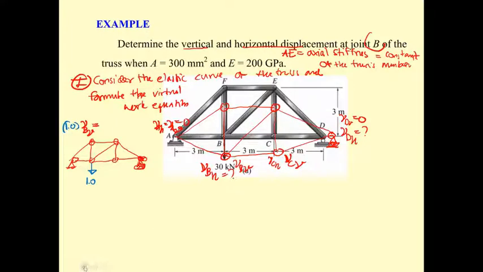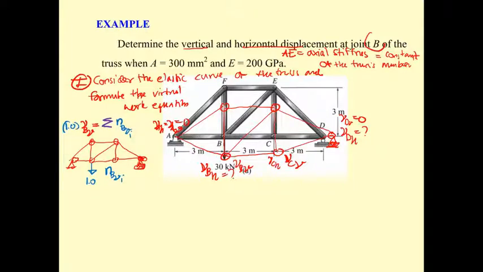Summation of what? This one is going to produce the N sub BVi, which is N, the force in each member due to the 1 unit load at B in the vertical direction.